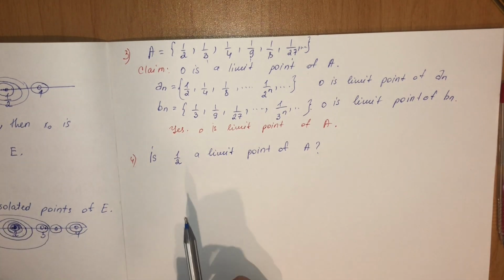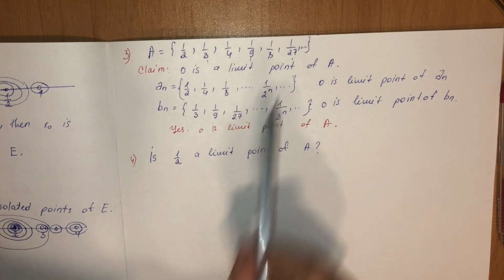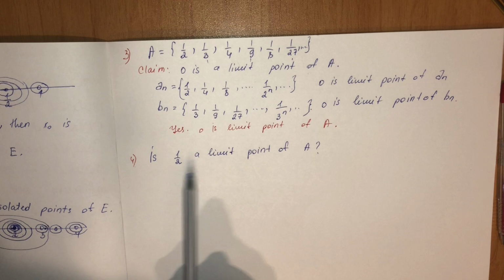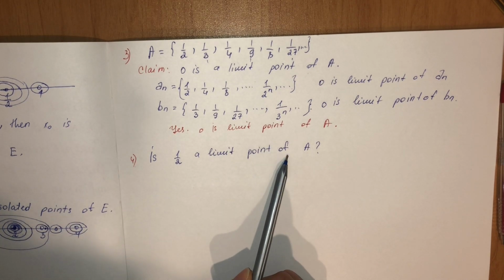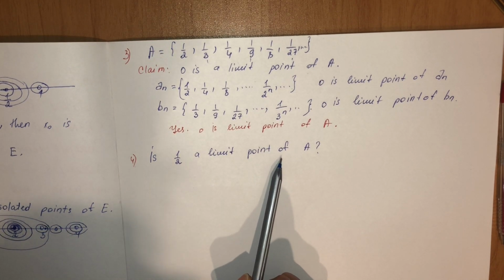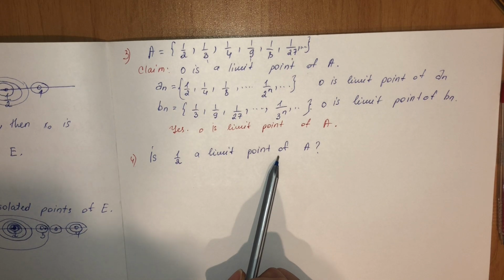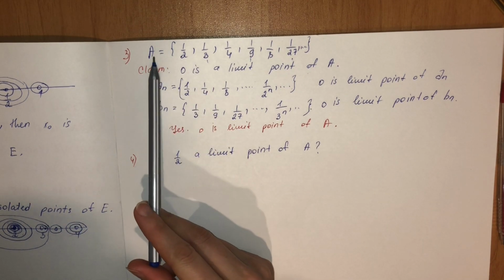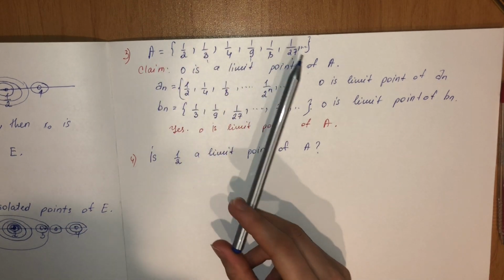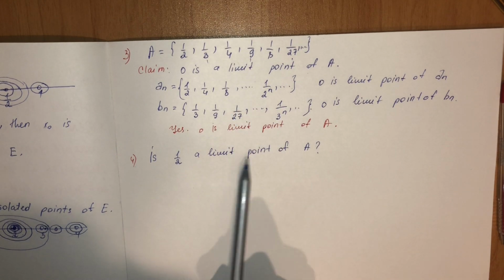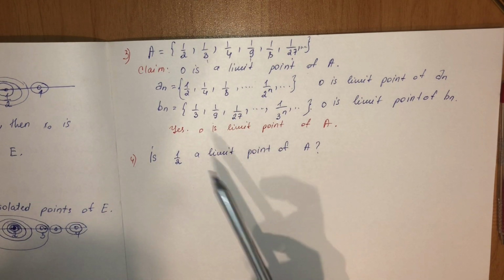Next question is also about the set A. Is 1 over 2 a limit point of A? Okay, we should find a sequence from A that converges to 1 over 2.